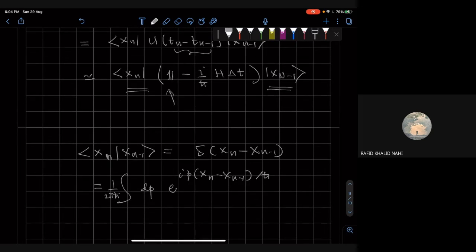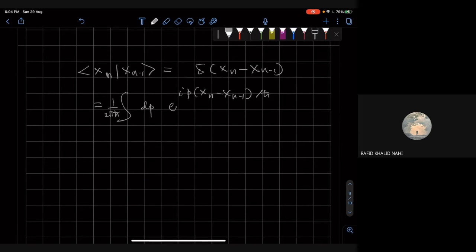Okay, now we move to the second term, this guy. The second term itself has two terms. One is the kinetic term, one is the potential term. So the second term, we can write this as i delta t over h bar.